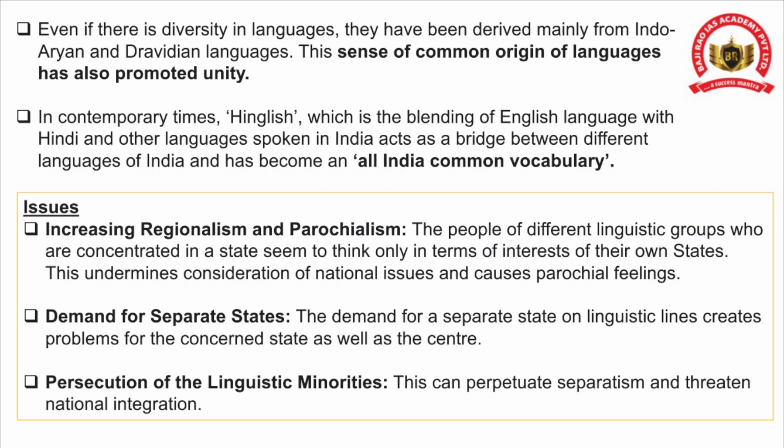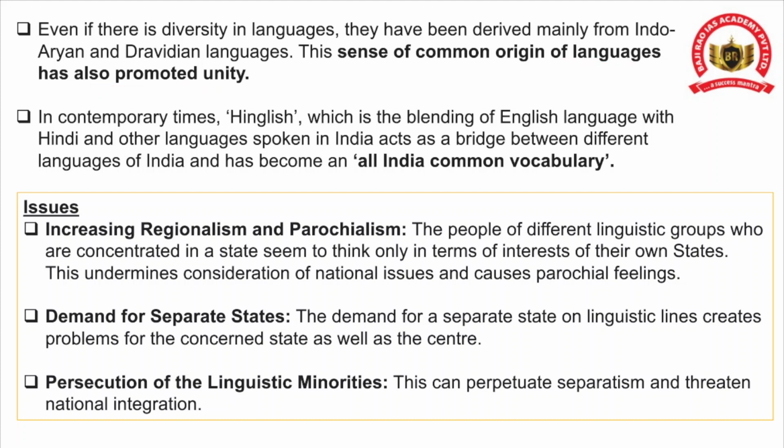India is a land with a wide variety of languages, but these languages are primarily derived from Indo-Aryan or Dravidian languages. Okay, as I've already told you, what comes under Indo-Aryan languages and what are part of the Dravidian languages. So this sense of common origin of languages has also promoted unity.